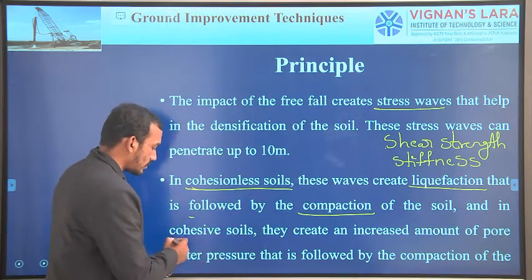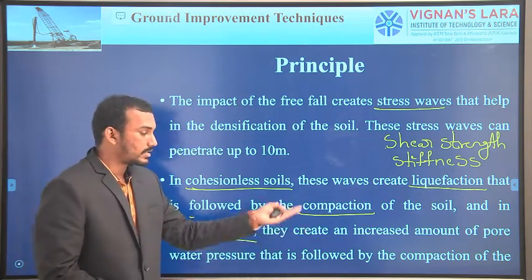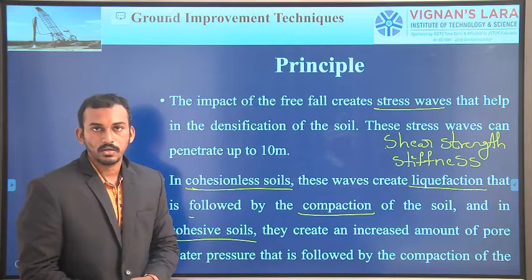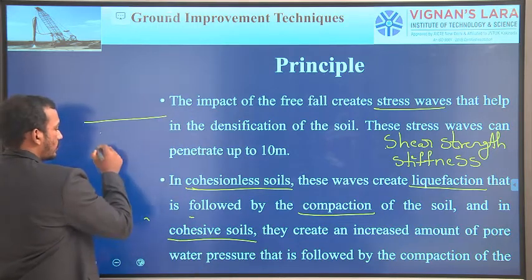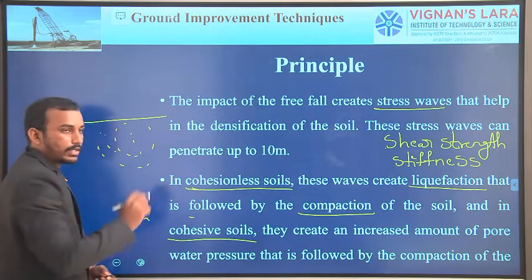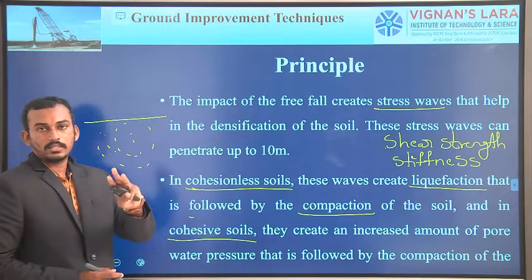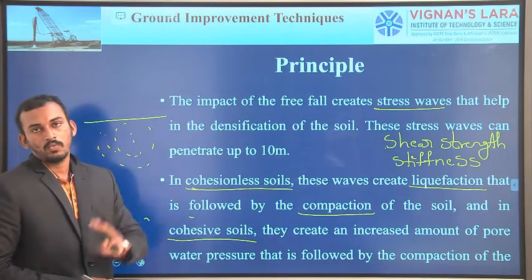Whereas in the case of cohesive soils, the waves increase the amount of pore water pressure. What is pore water pressure? Let's see, this is some soil. Natural soil contains water. We know that natural soil is a 3-phase system: it consists of solid particles, air voids and water voids.